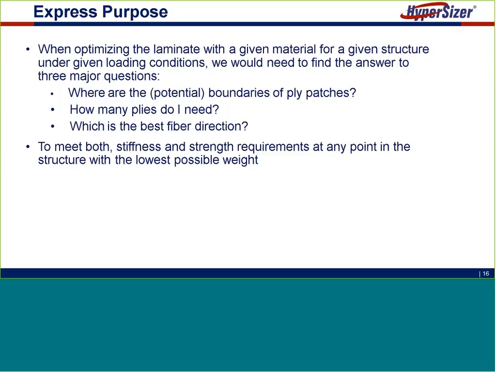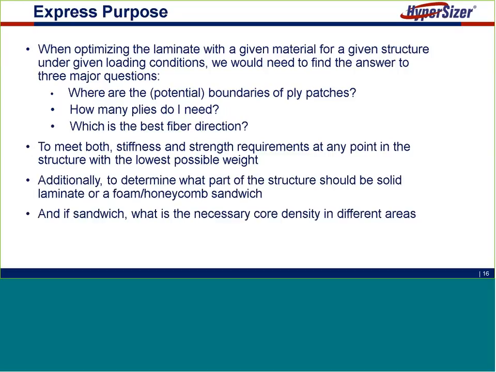And I'm referring again to the engine nacelle example I showed earlier. And then for those patterns, how many plies do I need? And lastly, what's the best fiber direction per ply layer? And we want to do that to meet both stiffness and strength throughout the structure to get the lightest weight.